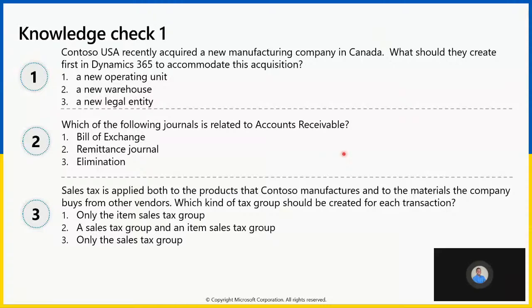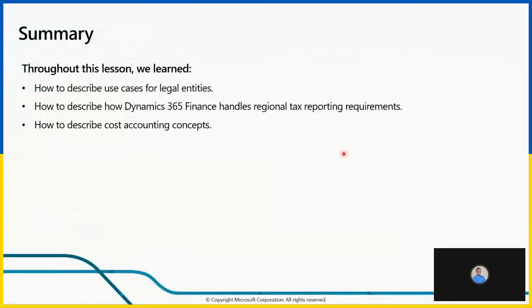Okay, so let's move to the next thing. Okay, so in this model, we're able to describe legal entities, tax reporting. We didn't talk about cost accounting, which I skipped. Cost accounting is more bringing data from different modules to have a report.